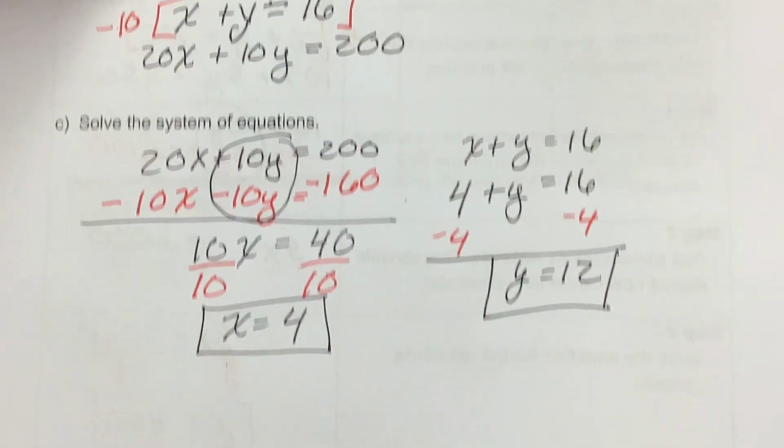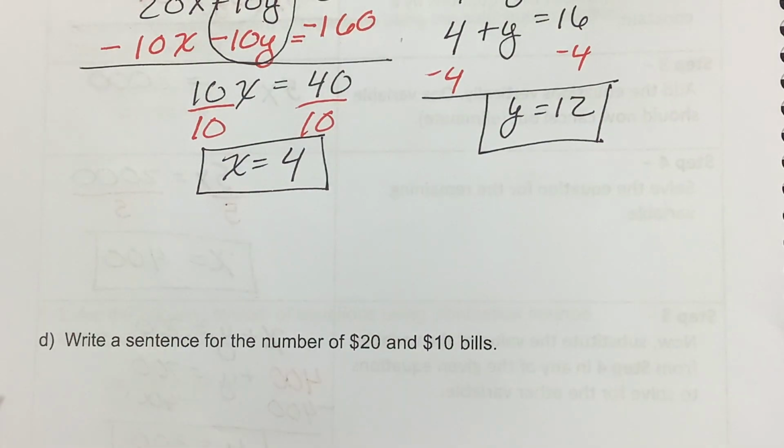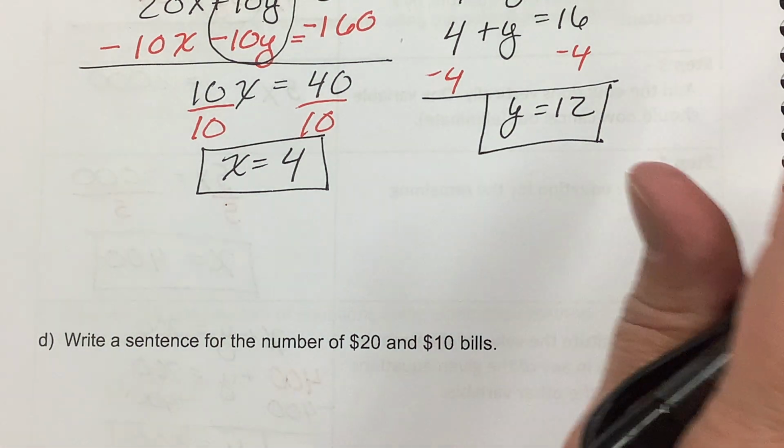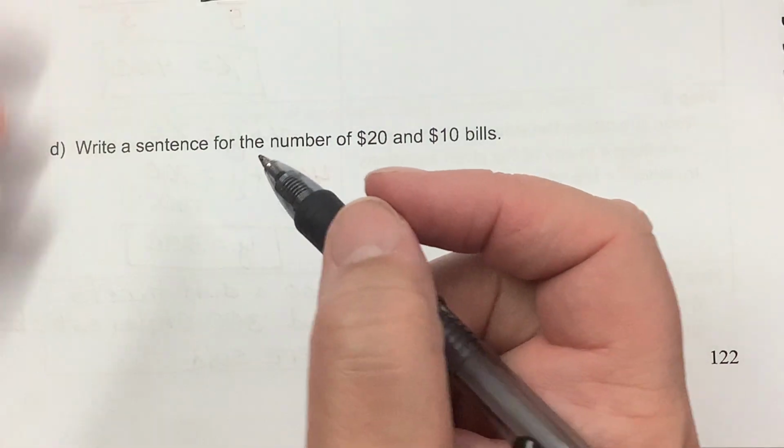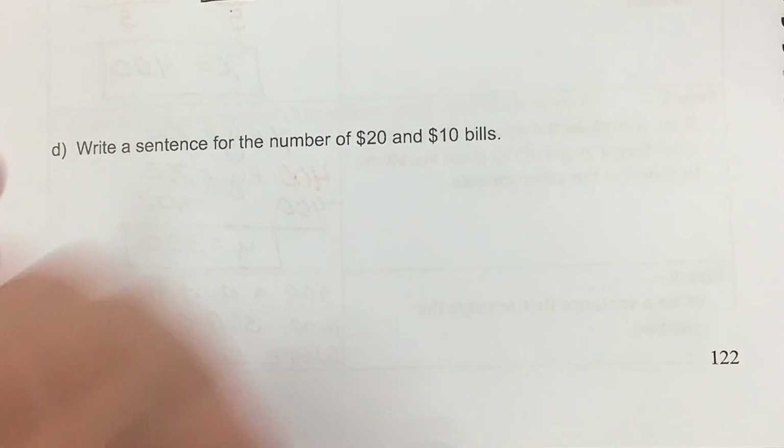Now I have to write that down here. Now when I write it in a sentence, hear me out. They told me $20 bills, and the way they wrote it was $20 and bills. So I'm going to write 4 as the word four, F-O-U-R, because I want it to be as easy to read for the elderly person grading it as possible.